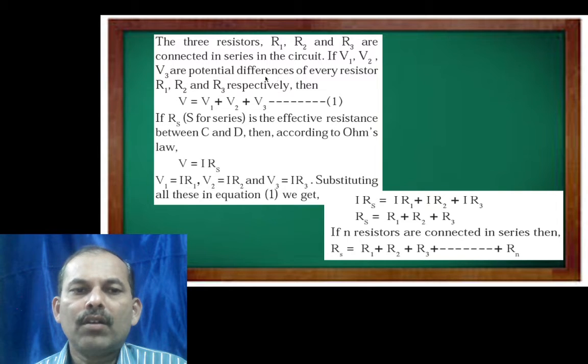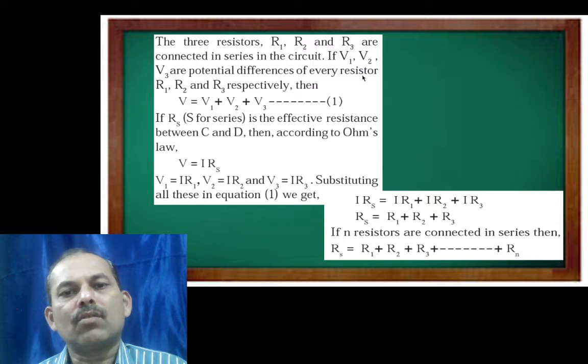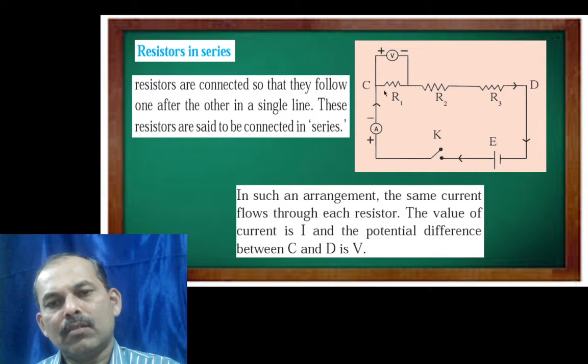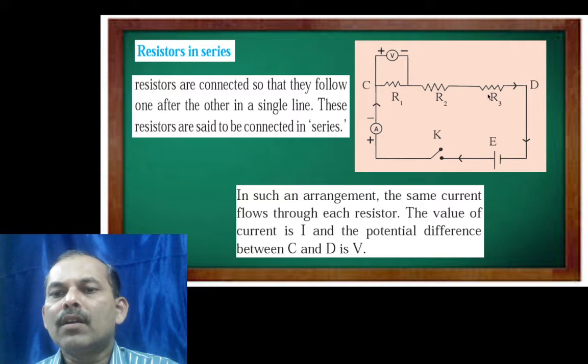If V1, V2 and V3 are the potential differences across each resistor, then here, if you measure the potential difference between these 2 points of R1, that will be V1. Here, if you connect a voltmeter, you will get the potential difference between these 2 points, that is V2. And here we will get the potential difference across R3. That's why V equal to V1 plus V2 plus V3.